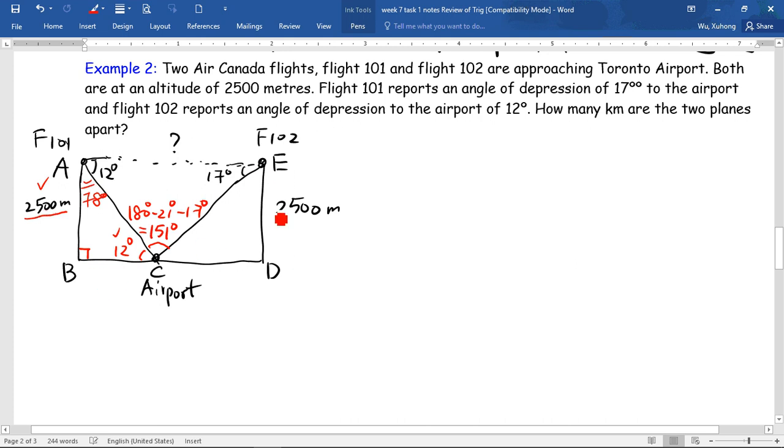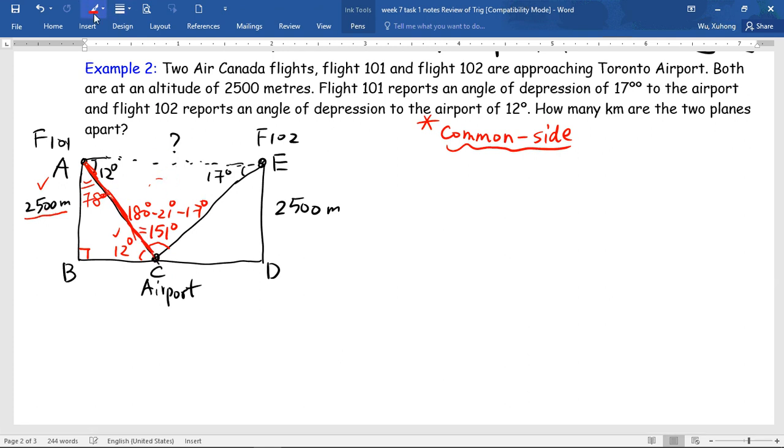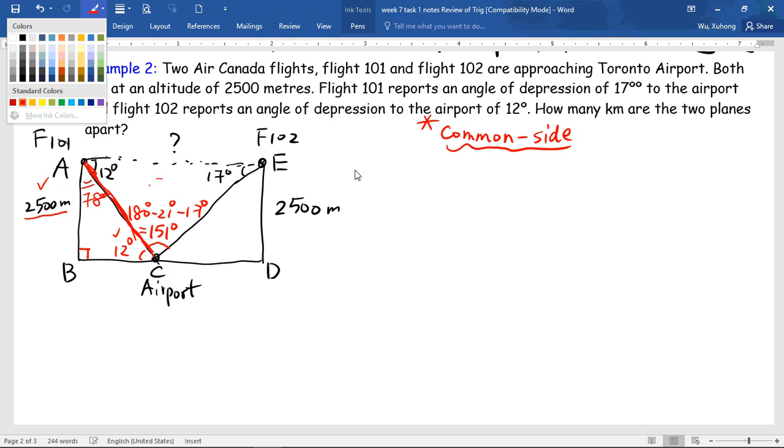Or you could use this other triangle. They are going to give you the same answer. So if we have more than one triangle, remember always we want to start from the triangle with more information, then find the common side. That is important. You want to find the common side of 2 triangles. The reason is that once you find this side, you could use it in the next triangle. So this is what we want to do, okay?